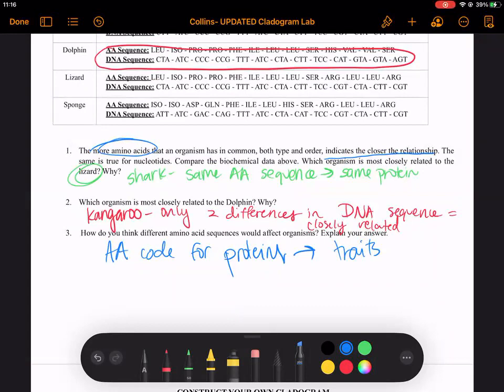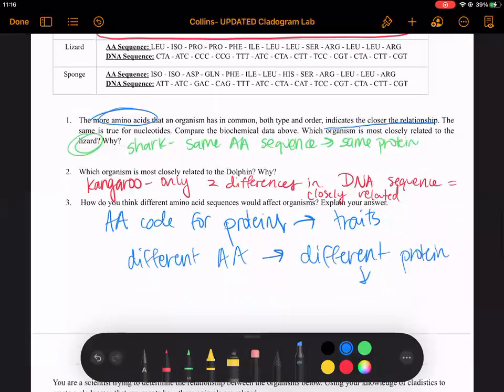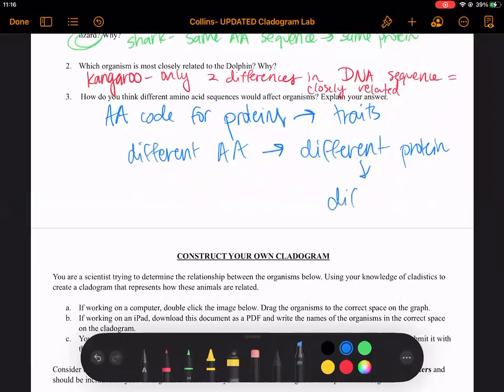Well, if amino acids code for proteins and proteins code for traits, a different amino acid sequence is going to mean what? Ian, go for it. Different protein. A different protein, and ultimately a different what? A different trait. All right, so that's all you needed to say. Different amino acids are going to code for different traits.